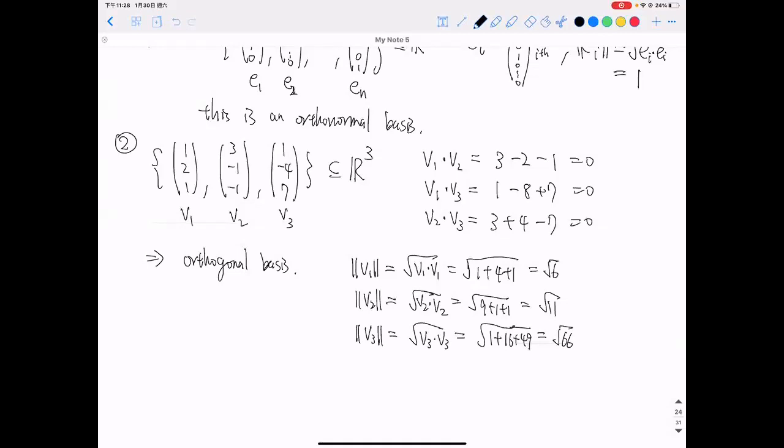Well, none of these is 1. So what we have here is an orthogonal basis, but not an orthonormal basis.